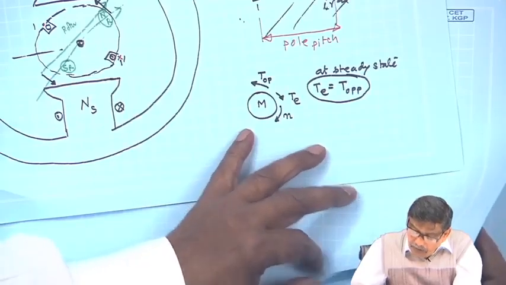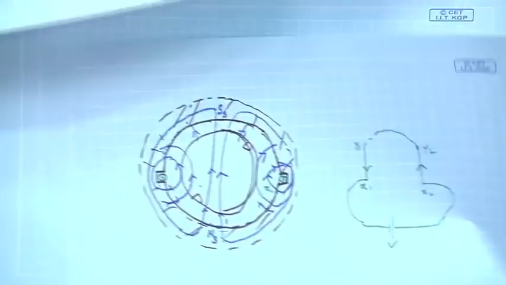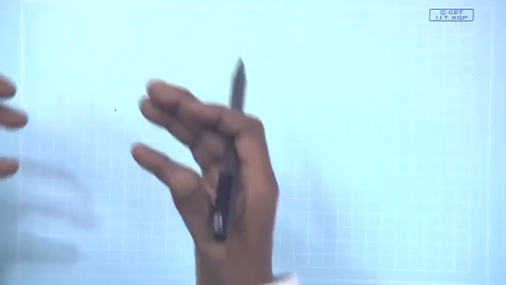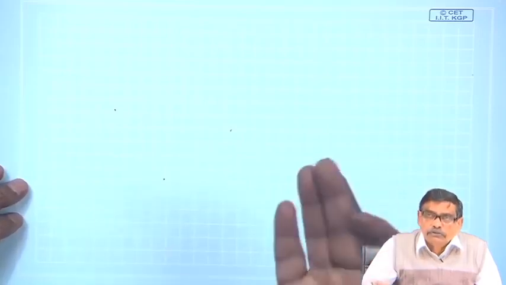So, now what I am going to discuss, after having these preliminary ideas of the things which constitute a motor: a stator will have several slots, there will be conductors, they will carry current, but eventually the end result is they will create a pair of poles.